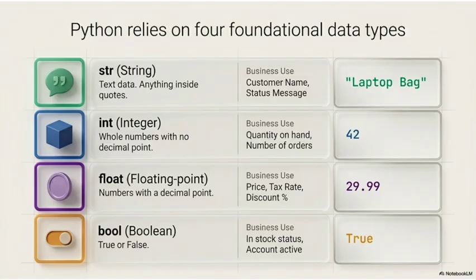Floats hold numbers with decimals: prices, tax rates, discounts. Booleans, or bools, hold true or false values. Is this item in stock? Is the account active? Yes or no, represented by a binary switch. Every value you store in Python belongs to one of these 4 categories. When you pick the wrong type, Python will let you know, and usually loudly.